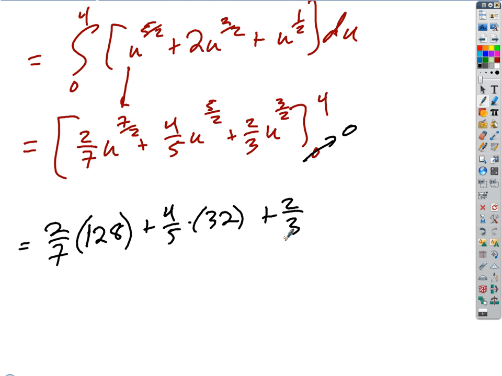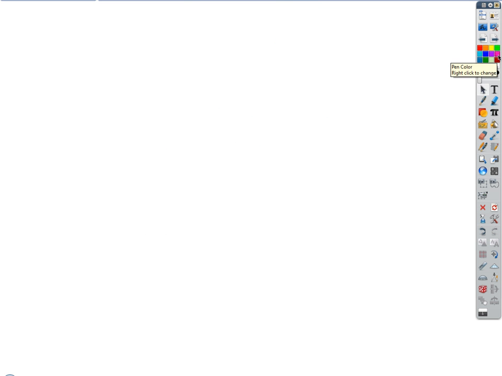Plus 2/3 times 4 to the 3/2. That's it. We could turn that into one big fraction if we want. That's our answer. Okay, just a number. All right, good stuff. Okay, how about one like this?